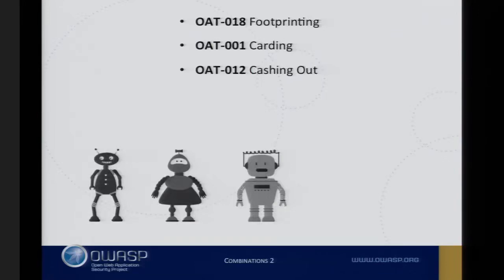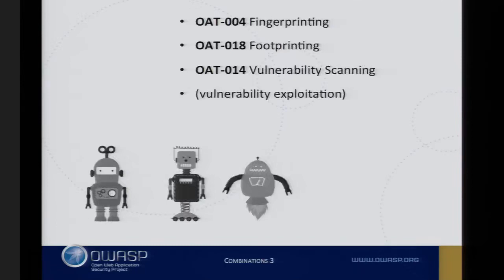Something else where there are multiple things happening: a criminal organisation might footprint an application, try to identify where the payment systems are, then use carding to identify valid cardholder data, and then, in the same application or someone else's application, once they've identified the valid cards, undertake cashing out to convert those stolen cards to monetize it.